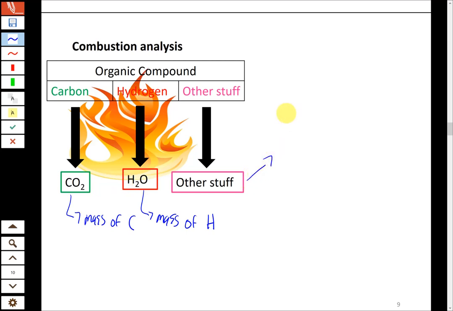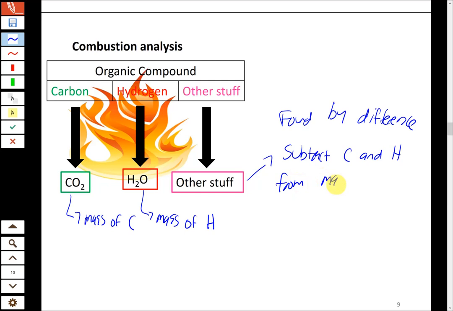So what you do is you subtract the amount of carbon and the amount of hydrogen that you find from the mass of compound.